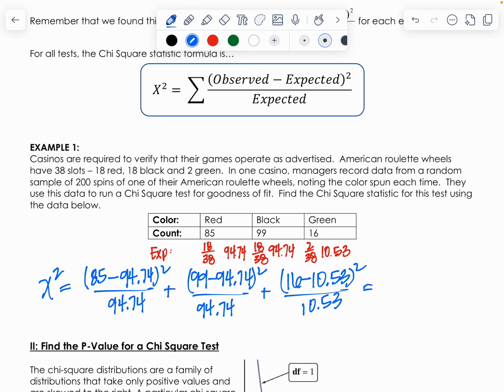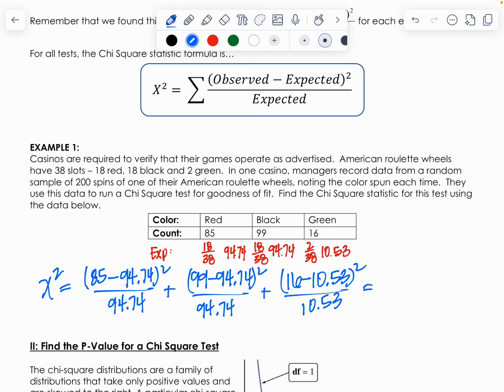Then we calculate. So unfortunately, yes, you just have to plug them in. So I'll do 85 minus 94.74 squared divided by 94.74. Then on my calculator, I hit enter to find out that category's part of the test statistic. Then I hit plus and then do the next one.